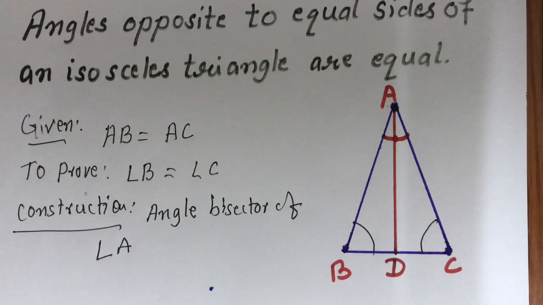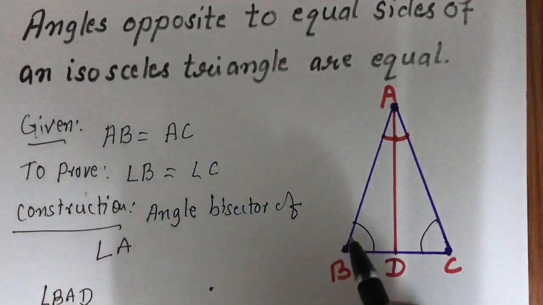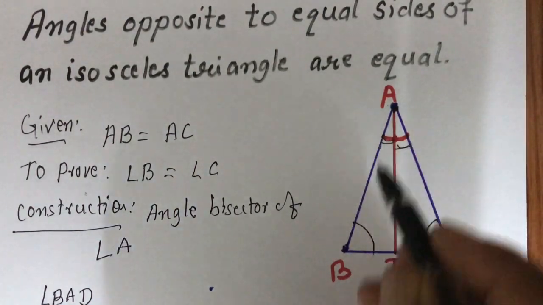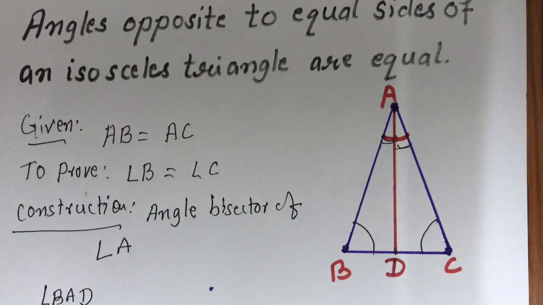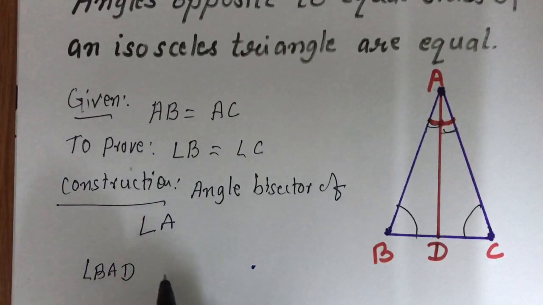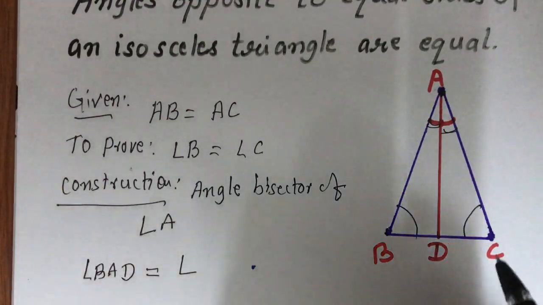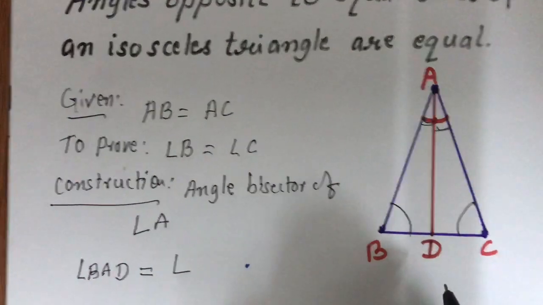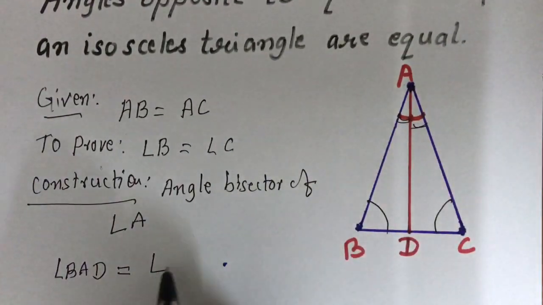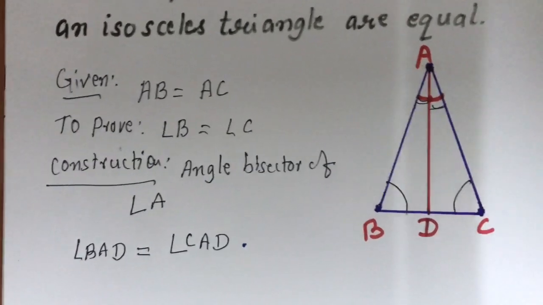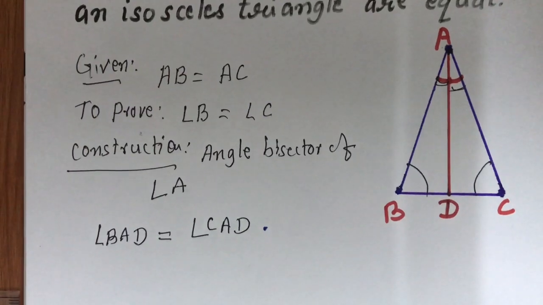If this is the angle bisector, so we can say that angle BAD, means this angle, will be equal to this angle, because we have drawn the bisector. Angle BAD will be equal to angle CAD. By construction, we are having angle BAD equal to angle CAD.